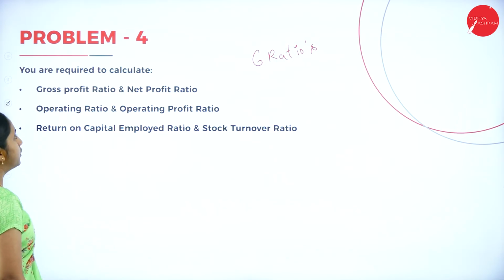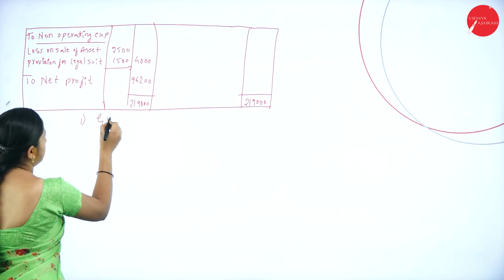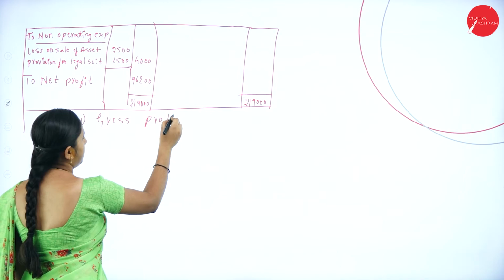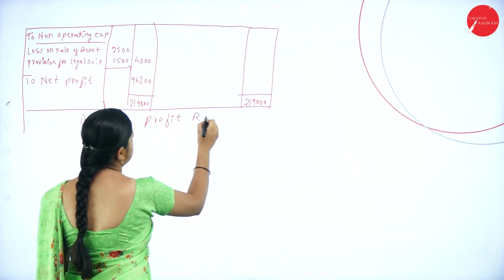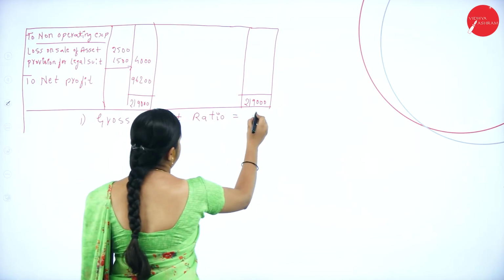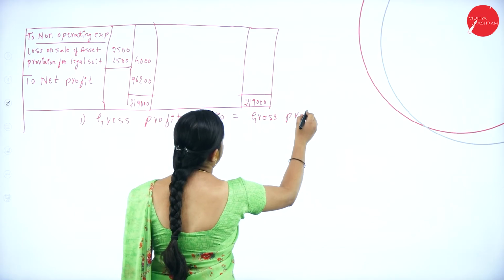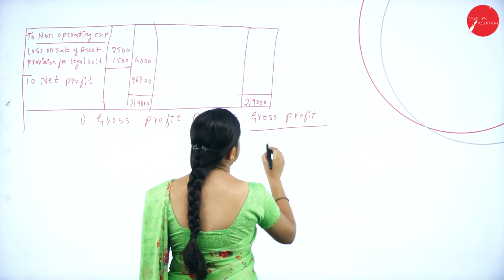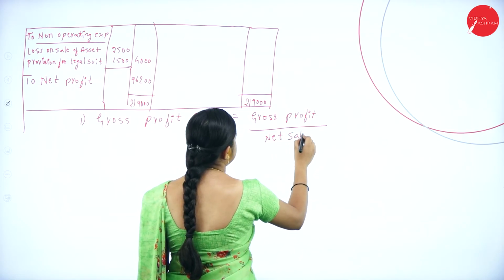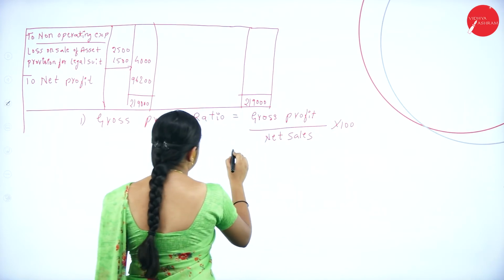First calculate gross profit ratio. Gross profit ratio is equal to gross profit divided by net sales into 100.